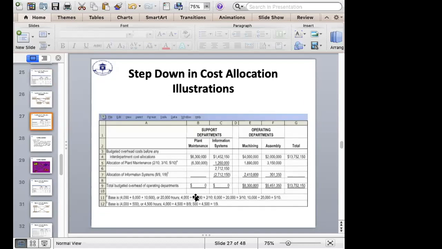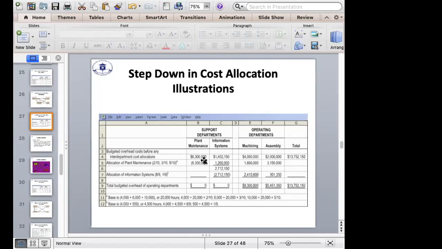Okay, so see, we did the same thing. 4 divided by 20, which is 2/10, 6 divided by 20, which is 3/10, and 10 divided by 20, which is 5/10. So this number multiplied by 2/10 here. This number multiplied by 3/10 here.